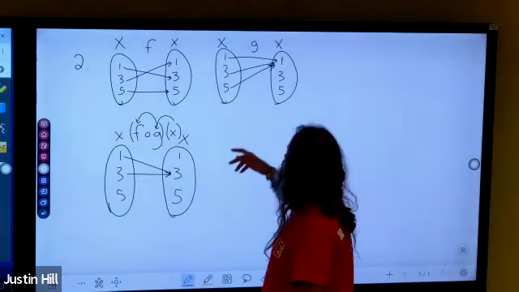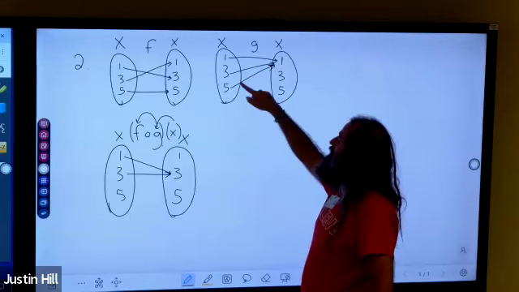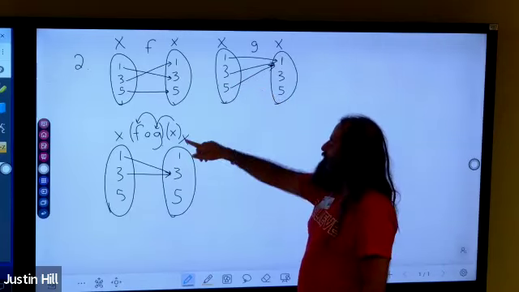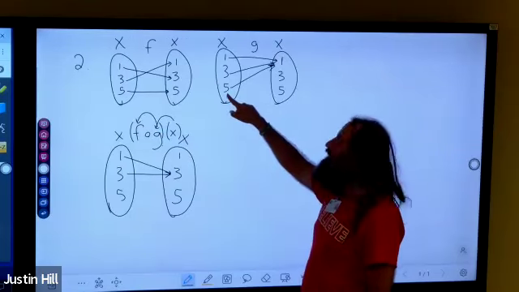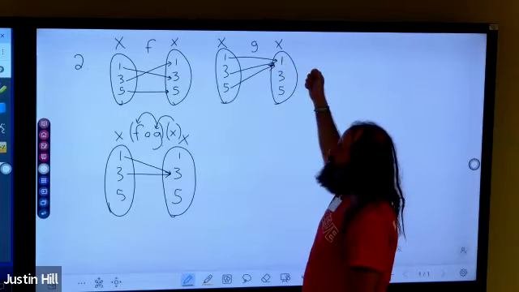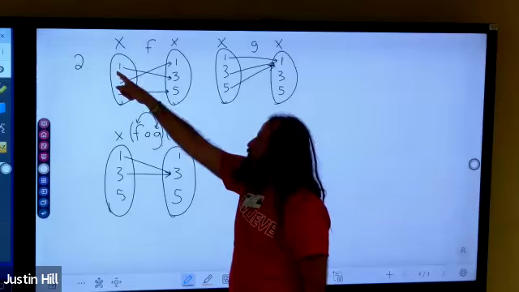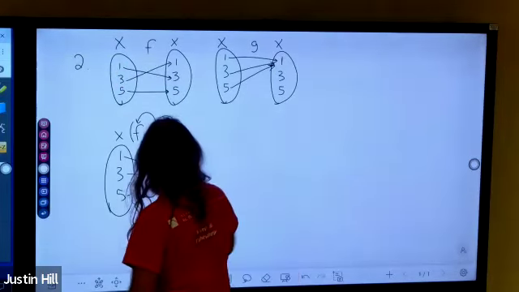Good. Seeing a pattern here. So now let's do 5. F compose G of 5. I put in a 5 to G first, and what do I get out? Good, that gives me a 1. And that output then becomes my input on F. So I put in a 1 to F, and what do I get out? Good, again, I get a 3. So 5 also goes to 3.